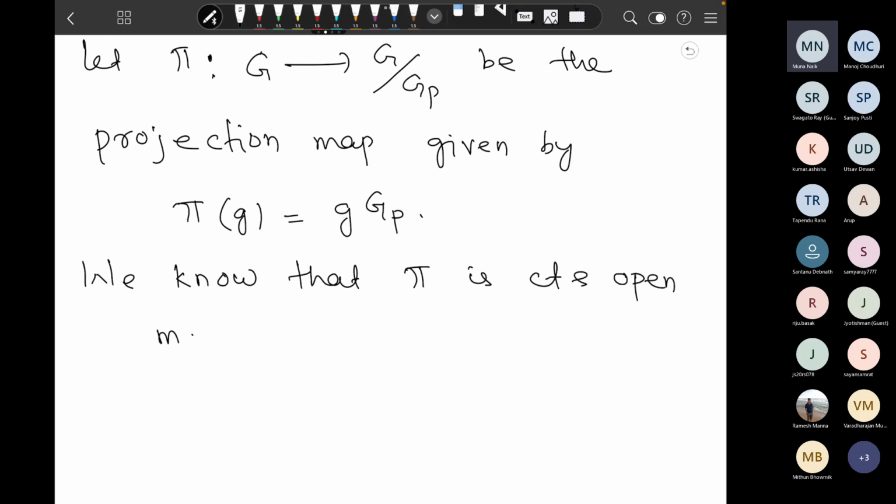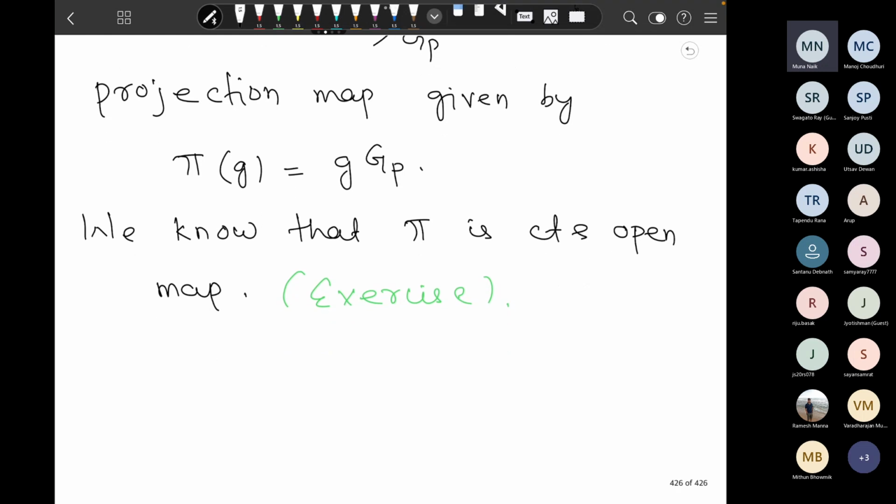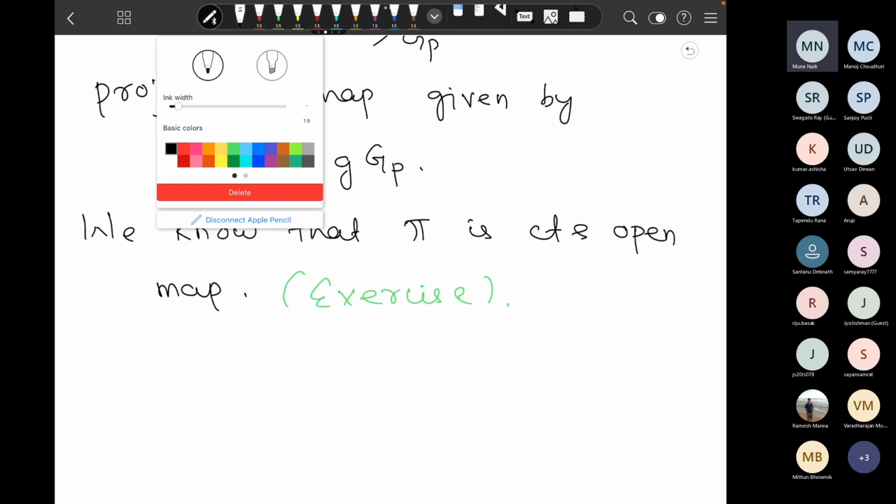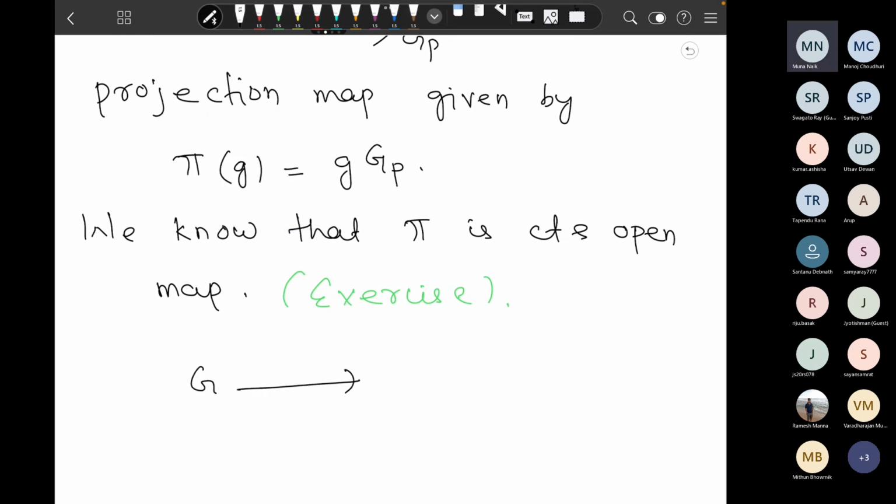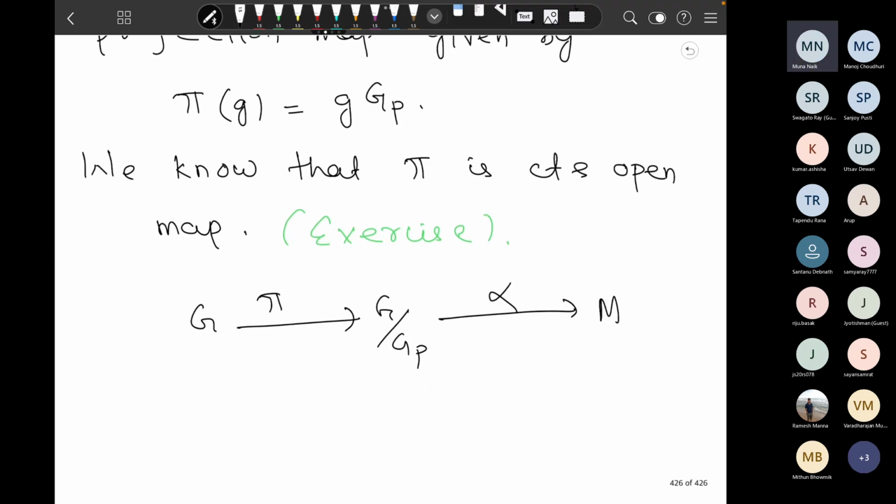Projection map is always open. If you do not know this result, you can take it as an exercise. So we have this map from G to G mod GP, which is pi, and there is the map alpha from G mod GP to M. G goes to G dot GP, and this maps to G dot P.